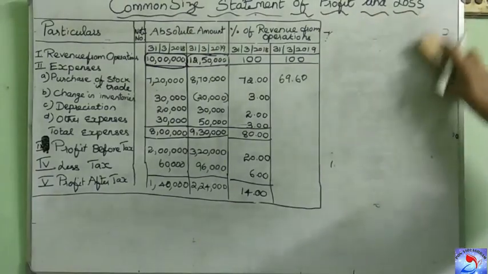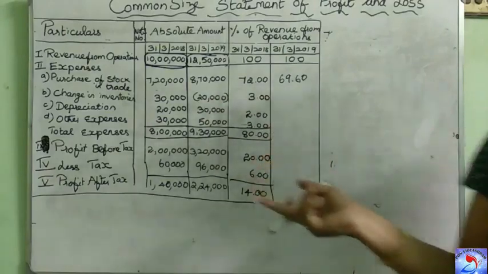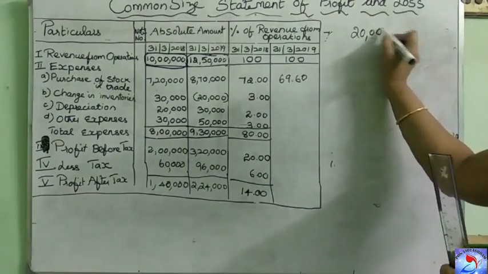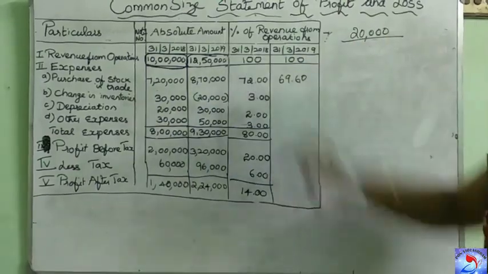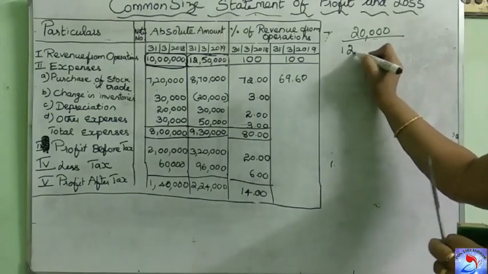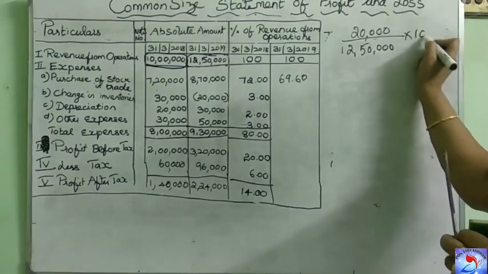So it is given in negative. Always the negative amount will be represented in brackets. So 20,000 for 2019, what is the base amount? The revenue from operations, 12,50,000, is the base amount into 100.